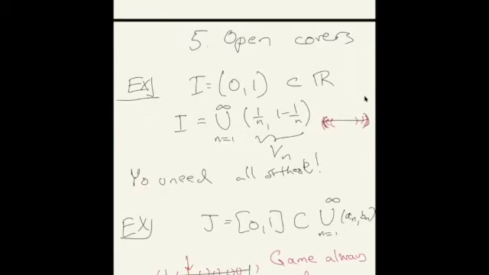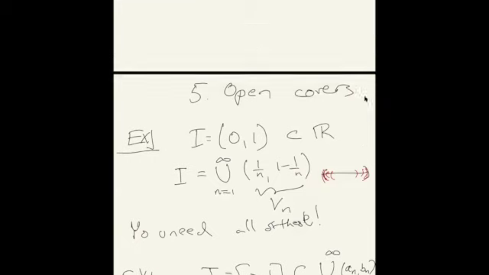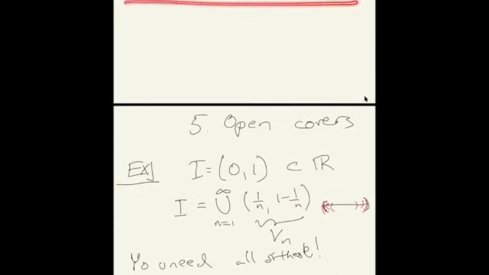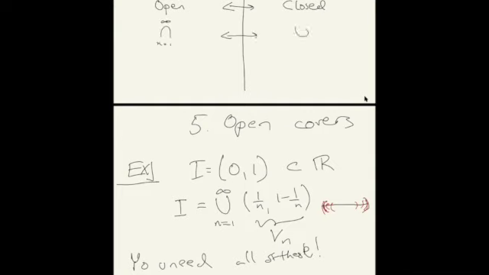Now, this was all about closed sets and intersection of closed sets. For every property that you have for closed sets, there is usually an analogous property for open sets. So there's a way to translate properties from open sets to closed sets. And often it involves, if you have some intersections of open sets, they become unions of open sets.